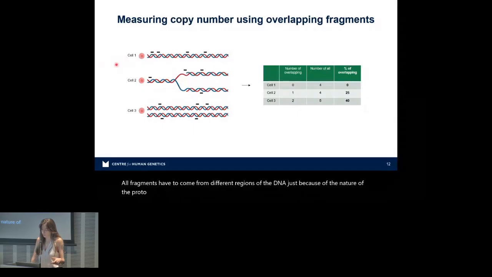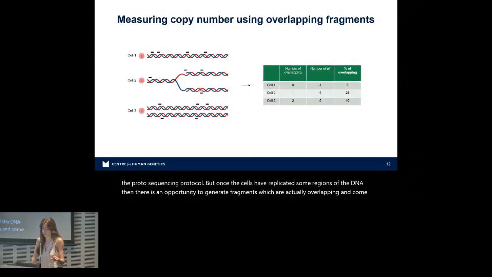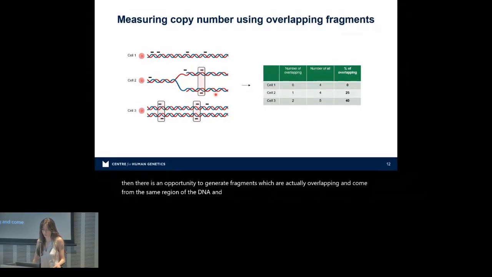But once the cells have replicated some regions of the DNA, there is an opportunity to generate fragments which are overlapping and come from the same region of the DNA. Here I just highlight some examples of such overlapping fragments. So we expect to get more overlapping fragments from G2 phase cells, as they have already replicated their genomes.